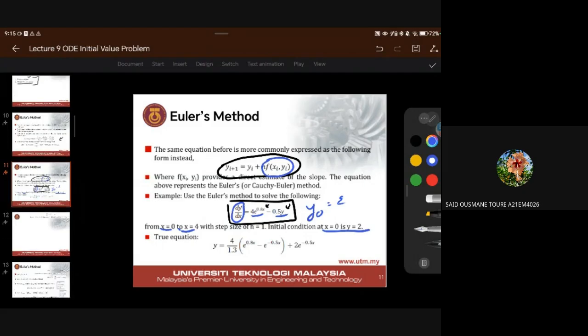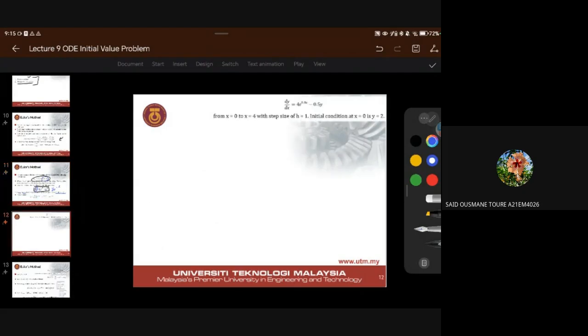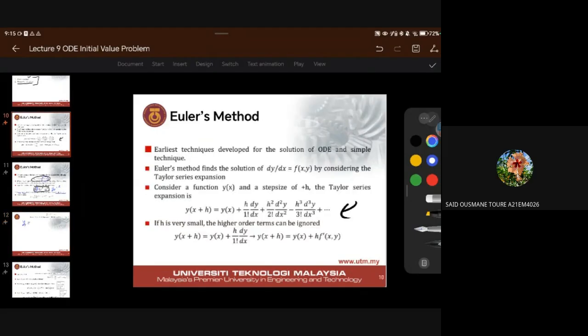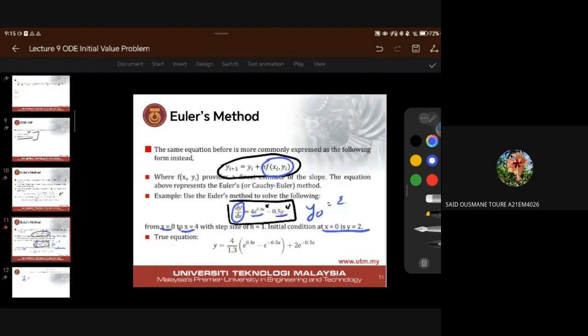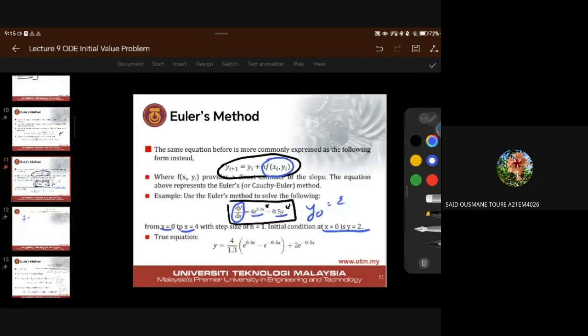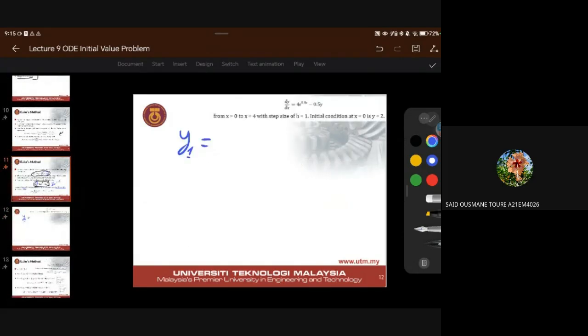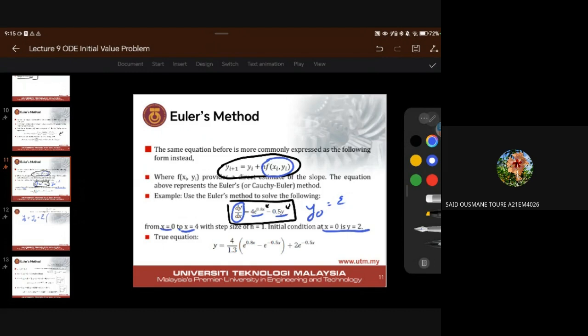So here y1 equals y0 plus h times f of xi and yi.